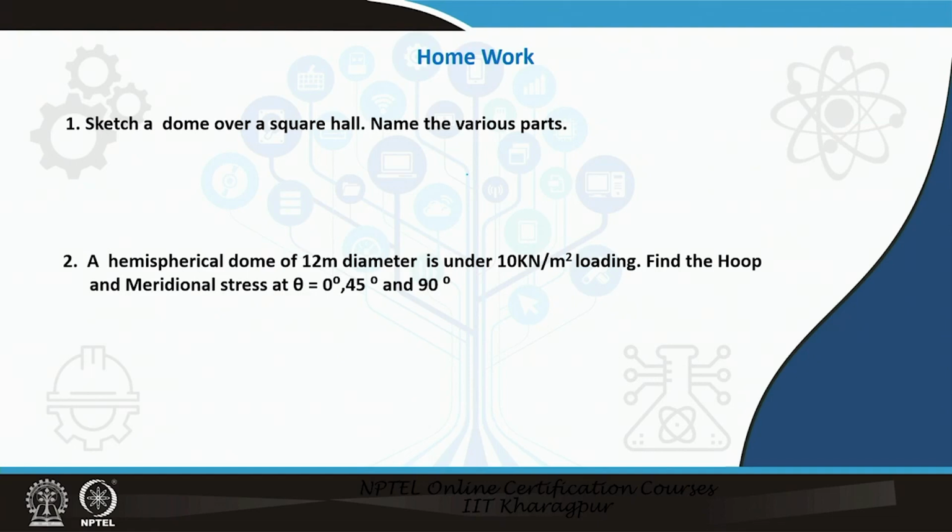So, 6 meter is your R, and this is your W. So, find the hoop and meridian stresses at these three angles, 0 degree, 45 degree and 90 degree. We already have the formulas given to you. We can just put the values of W, R and theta and calculate the stress.